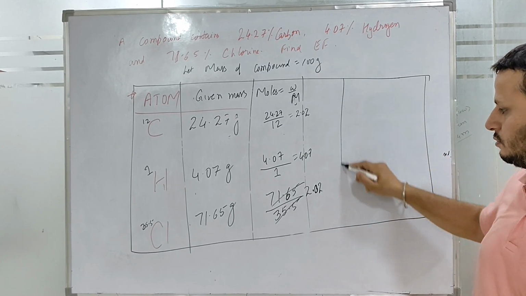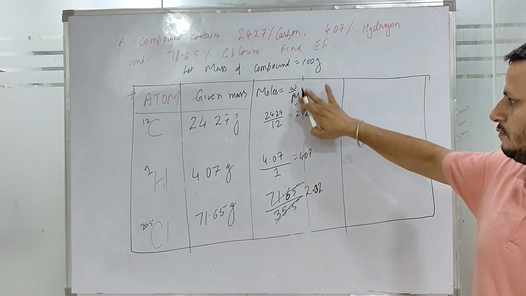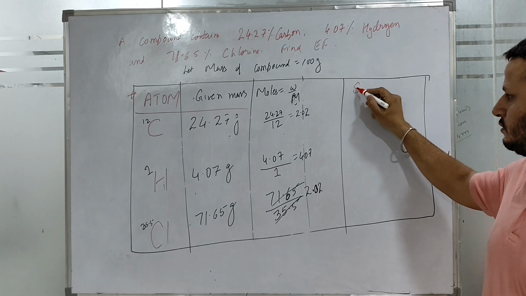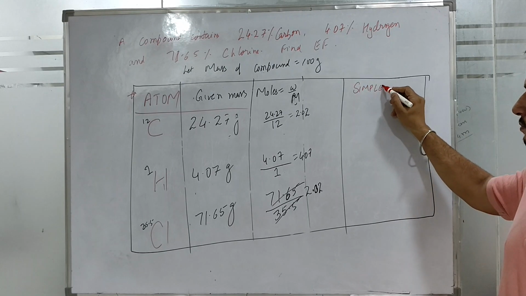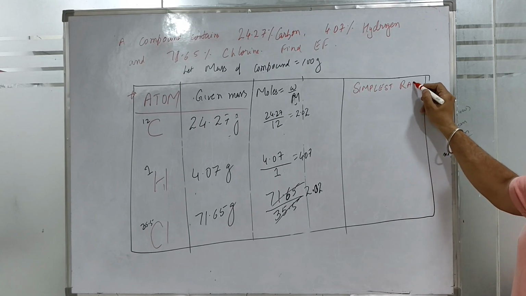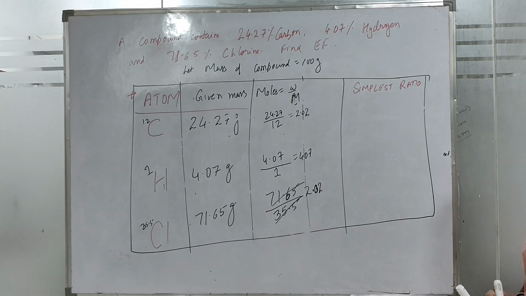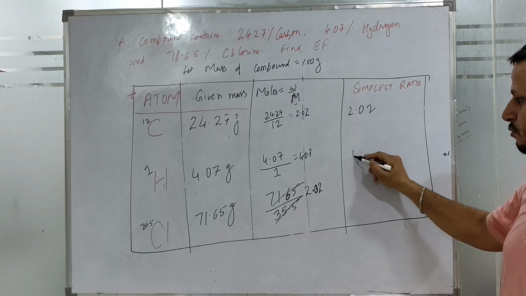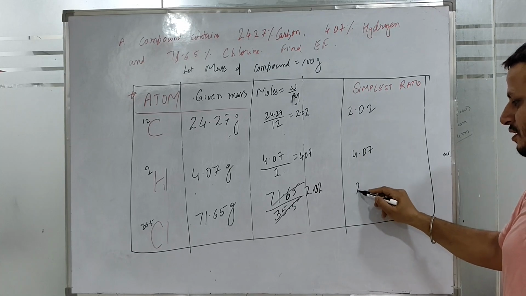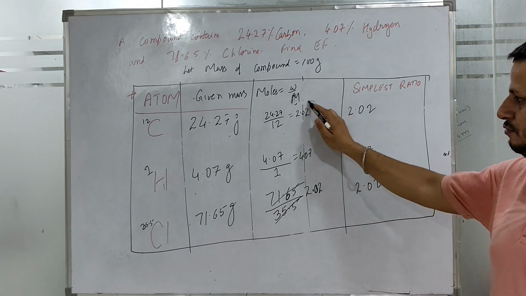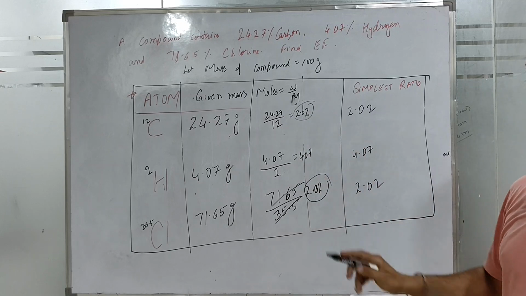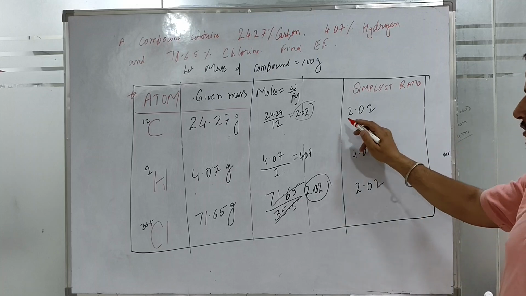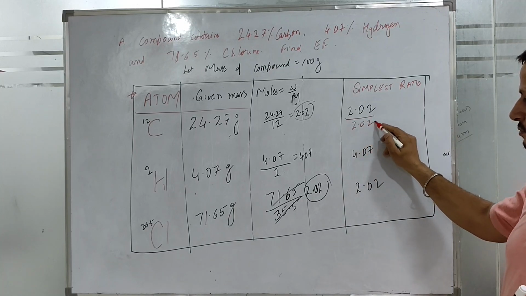And next, the last column what we have to do, we have to find the simplest ratio. उसके लिए क्या करना है कि जो हमारे पास ये मोल्स आए हैं इनमें जो सबसे लीस्ट वैल्यू है 2.02, जो लीस्ट वैल्यू होगी उससे सबको डिवाइड कर देंगे.